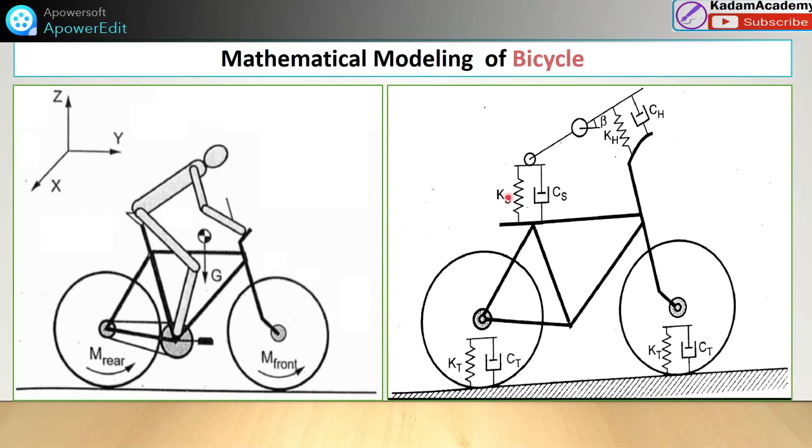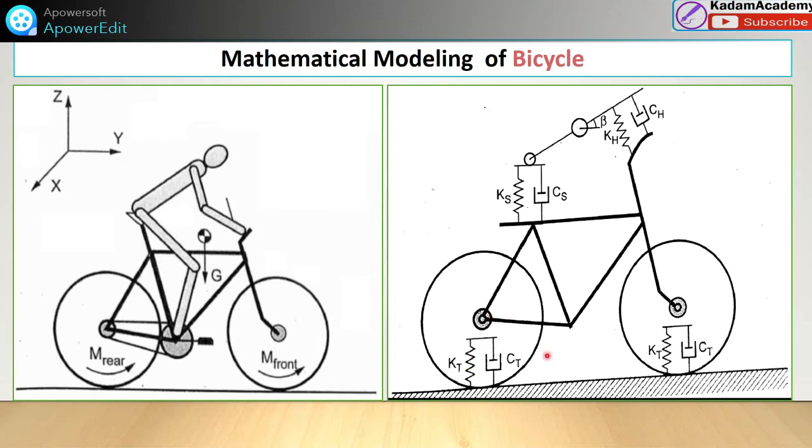Again, under the seat, the spring and damper is considered. So the complete system is represented by a mechanical system, and for the front and rear, again a spring is considered. With this consideration of the rigid body, there is a saddle with the central frame, where the spring damper system is considered, and the tire or wheel, seat and handle are converted into a model like this.